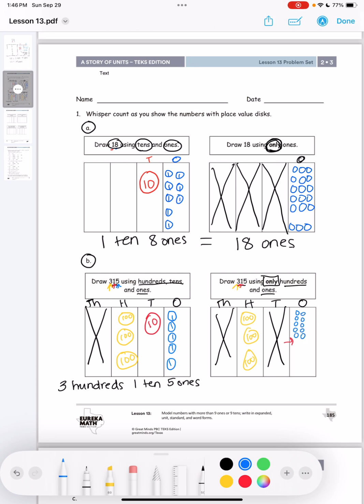So now instead of just 5 ones, I have 15 ones. So I still have 3 hundreds, but now I have 15 ones instead of 1 ten and 5 ones. Those are still the same value. They are still equal.